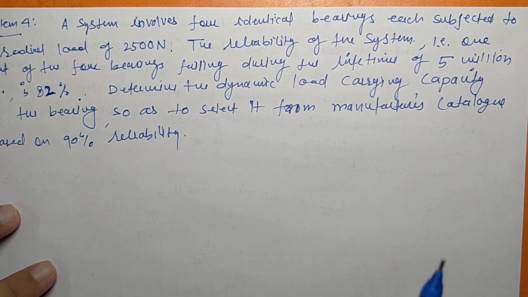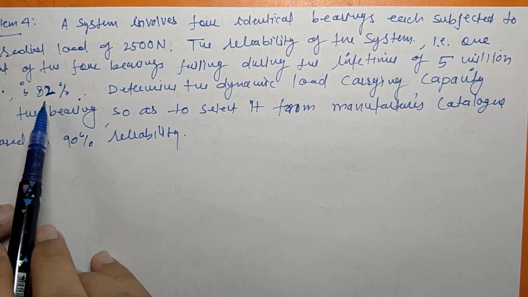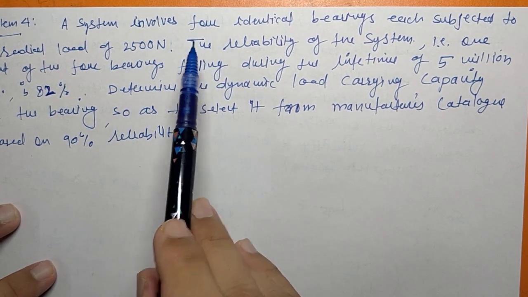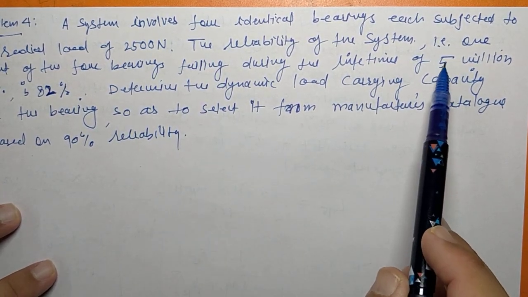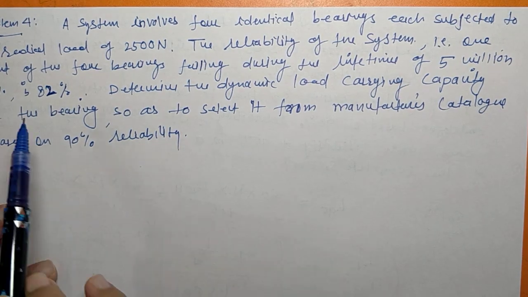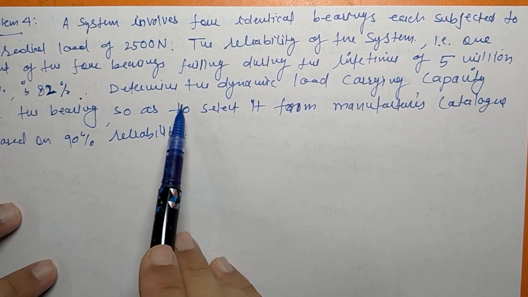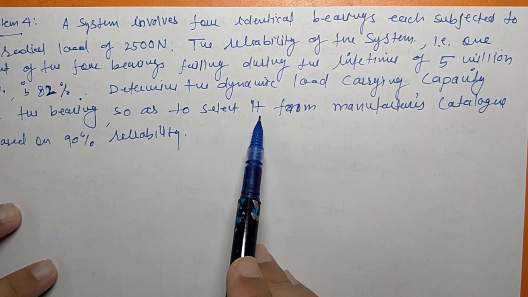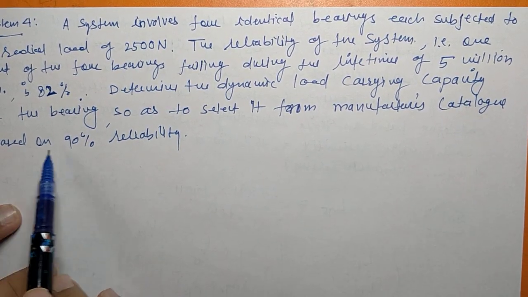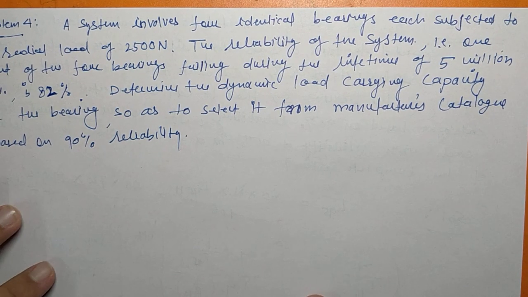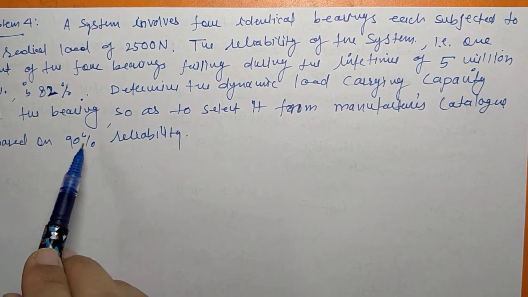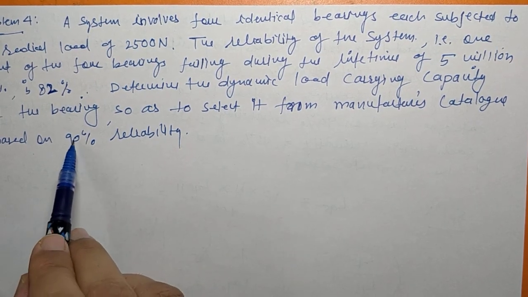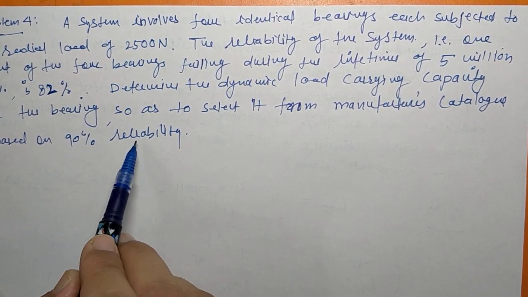So that system reliability is 82%, meaning out of these 4 bearings, 1 bearing fails after 5 million revolutions. Determine the dynamic load carrying capacity of the bearing so as to select it from the manufacturing catalog based on 90% reliability.